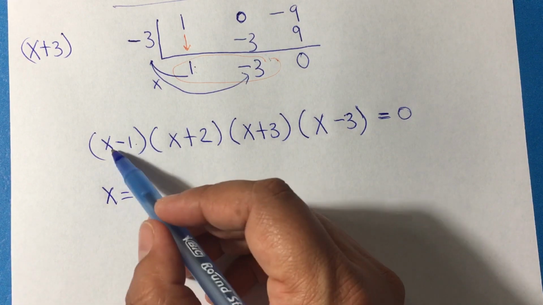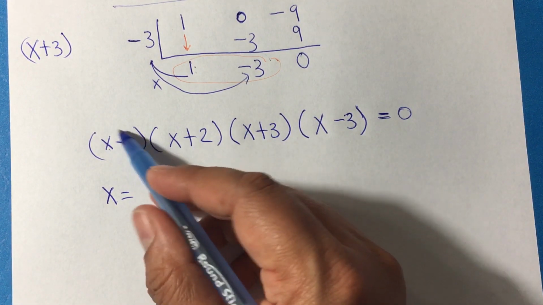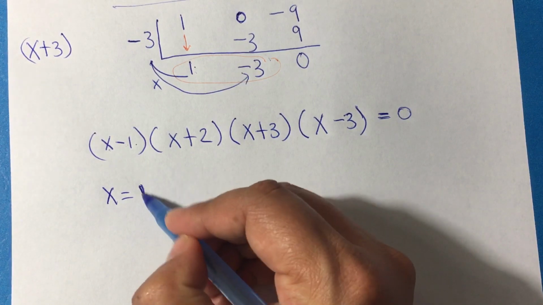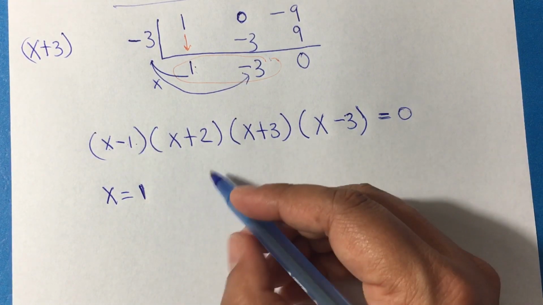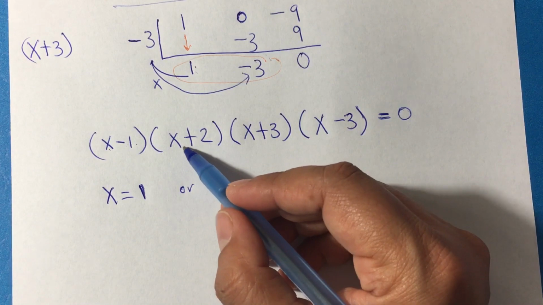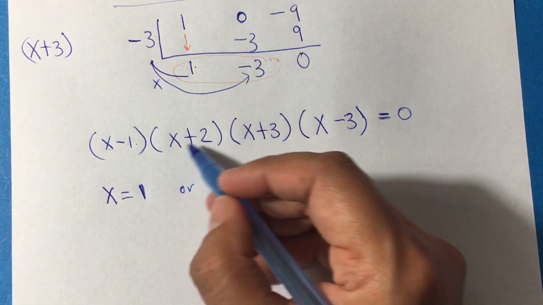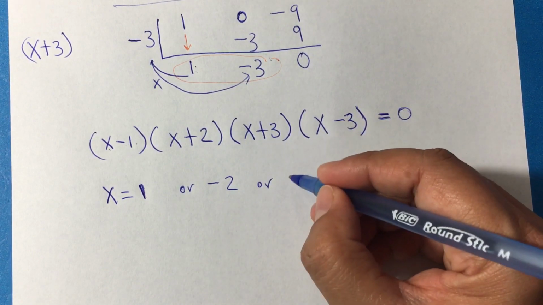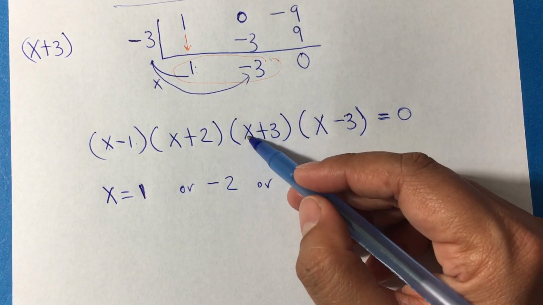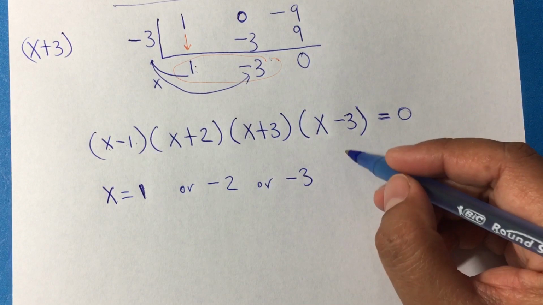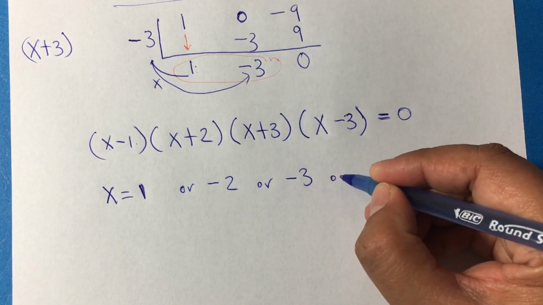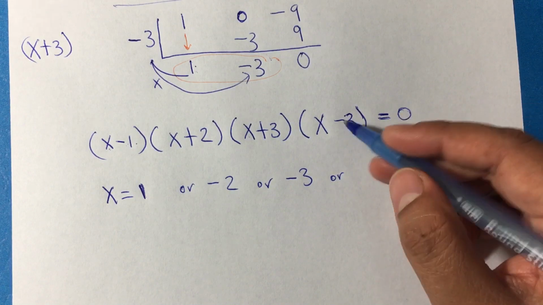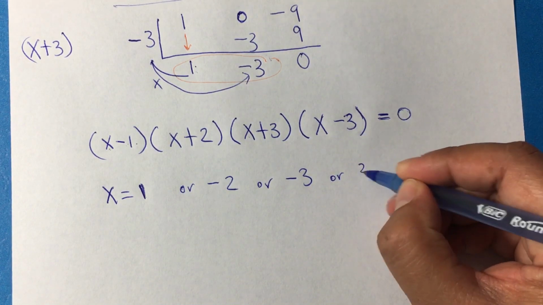But we can also just get it. For x minus 1 to be 0, x has to be the opposite, 1, because 1 minus 1 is 0. Or it can be -2, right? -2 plus 2 is 0. Or it can be -3, because -3 plus 3 is 0. And the last one needs to be +3 to make it 0, because 3 minus 3 is 0.